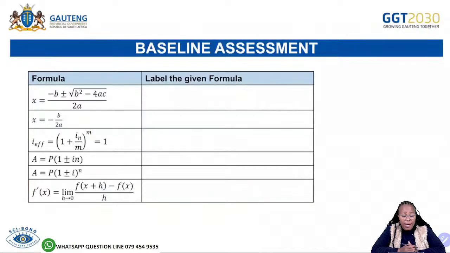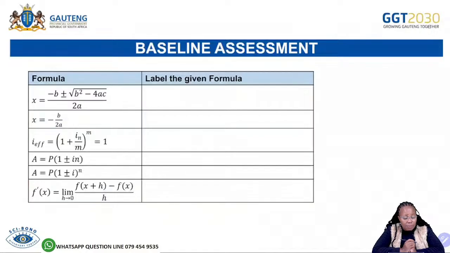And then here I have something for you as a warm-up for 3 minutes. It's a baseline assessment. You are given the formulas on the left hand side, and yours is to indicate to me by completing this table: what is the name of that particular formula, and where do we use that one?